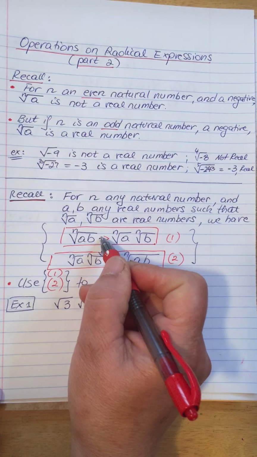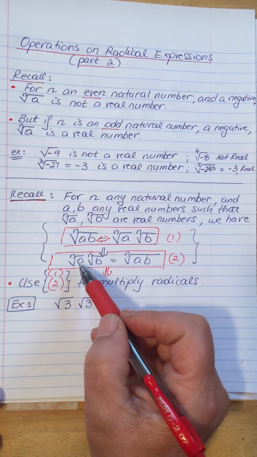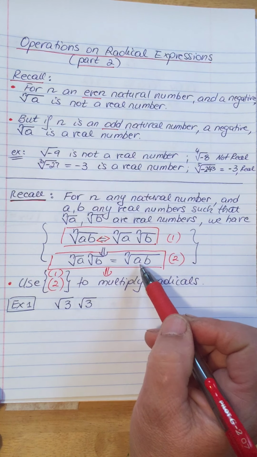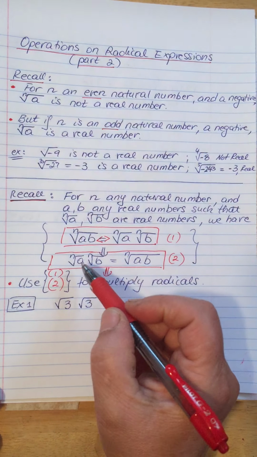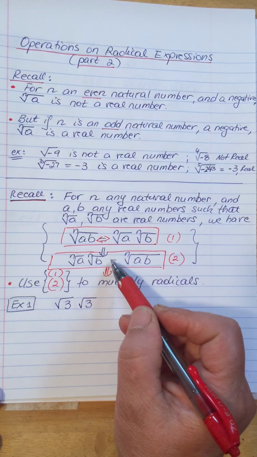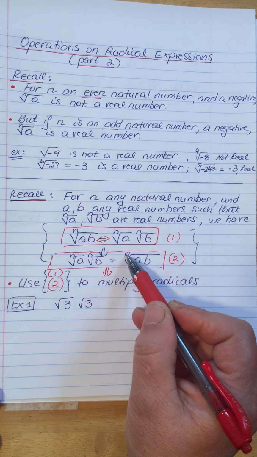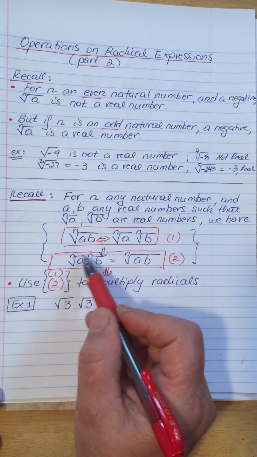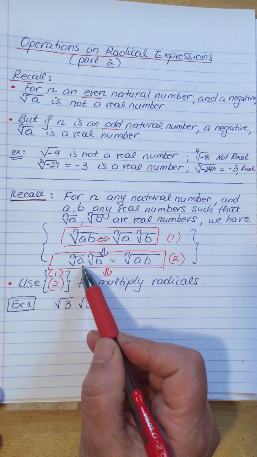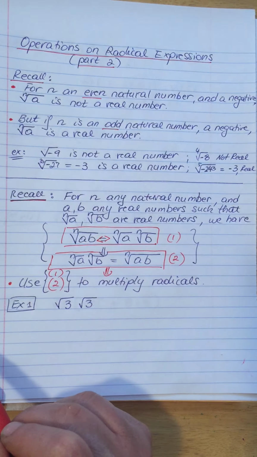Now we can go in the other direction, and we have the product of two radicals written as the radical of a product. In other words, the nth root of a times the nth root of b is the same as writing a and b under the same radical, with the common index. This is important: we can multiply two radicals only if the indexes are the same.